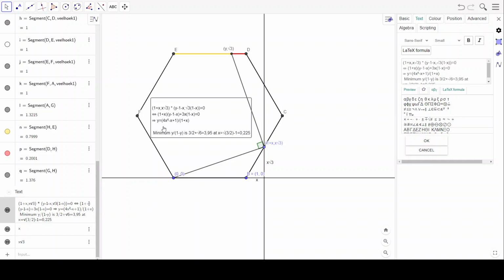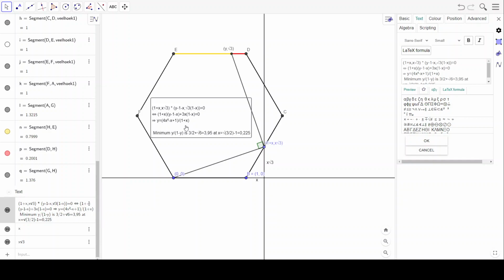And you can then rewrite that so that you isolate y, and you see that you can express y in terms of x like a quotient with a quadratic expression in the numerator and a linear expression in x in the denominator. So basically this is y expressed in terms of x.